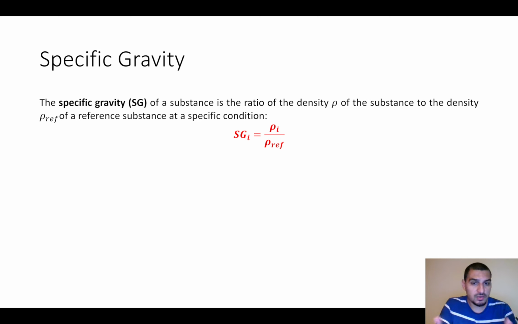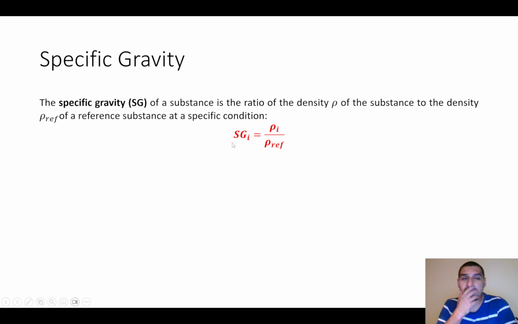There is already a material that is taken as a reference, and it's a well-known thing. It's a very famous number, so we know this number. It's a constant. So if you know the density of any material and you divide it by the constant, which is the reference density, you can calculate the specific gravity.